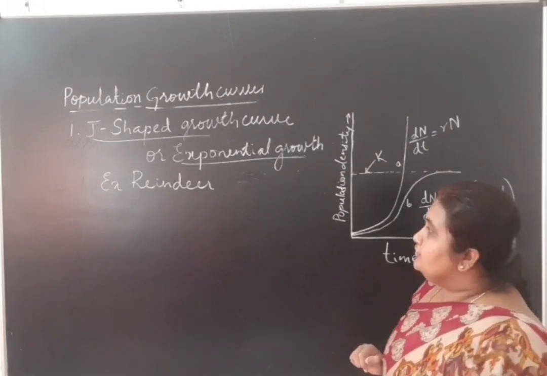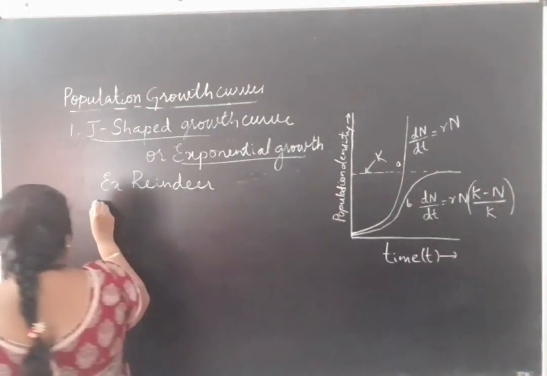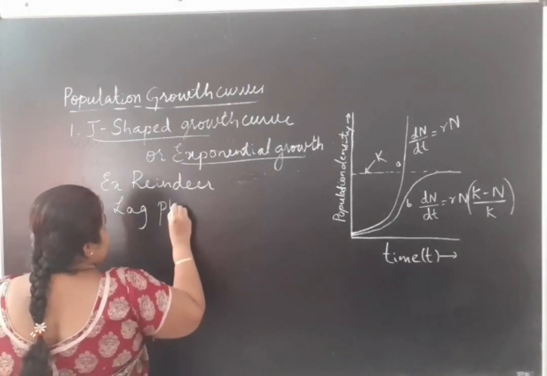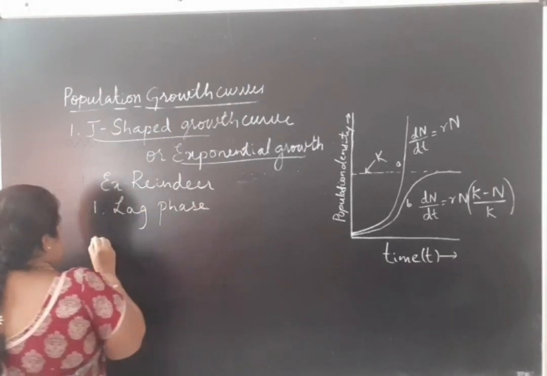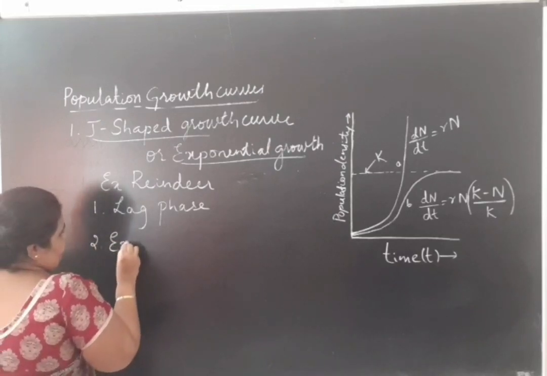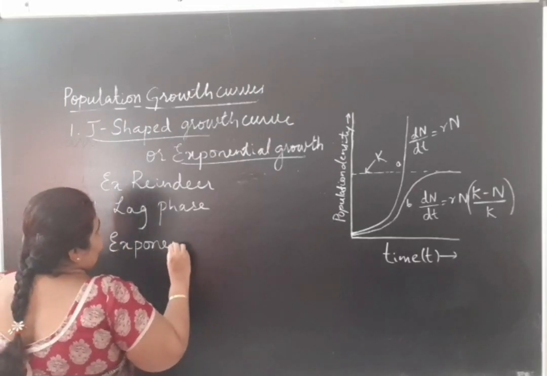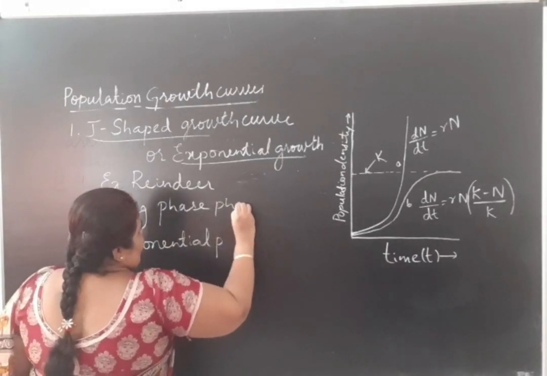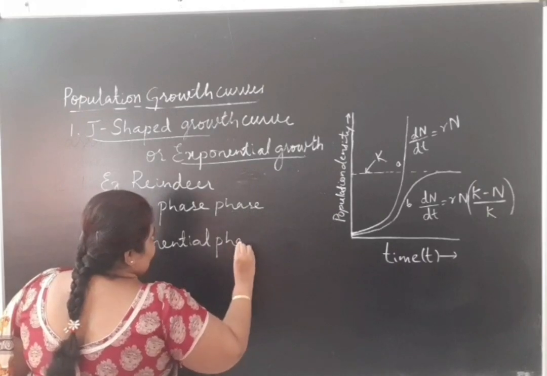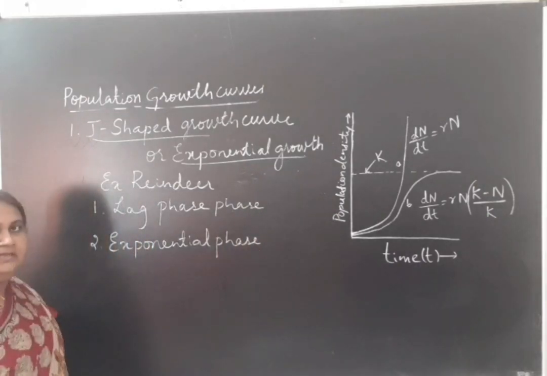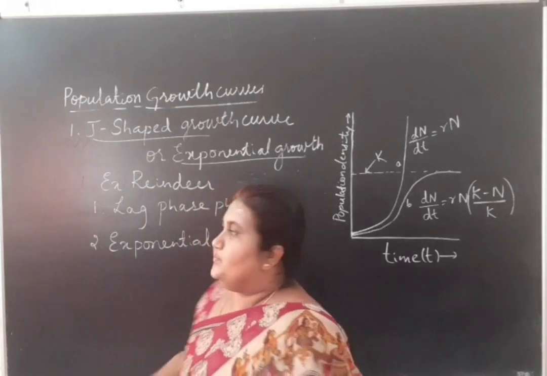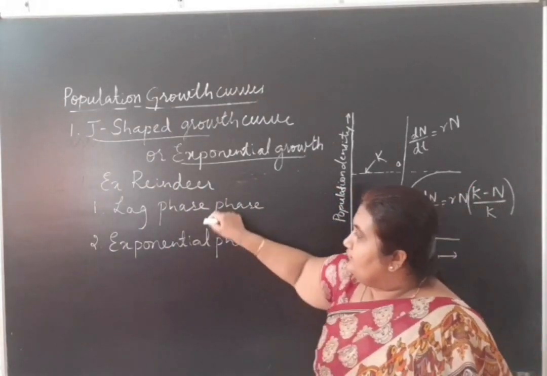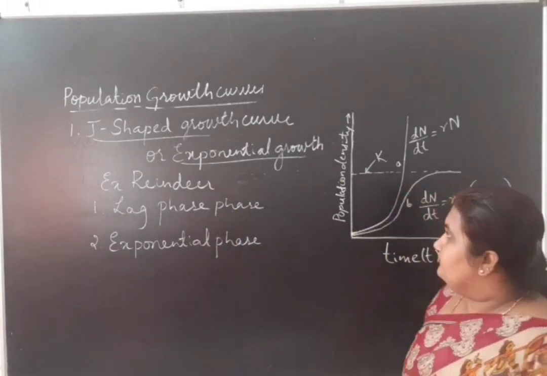So how does this growth curve take place? It consists of two phases: lag phase and exponential phase.